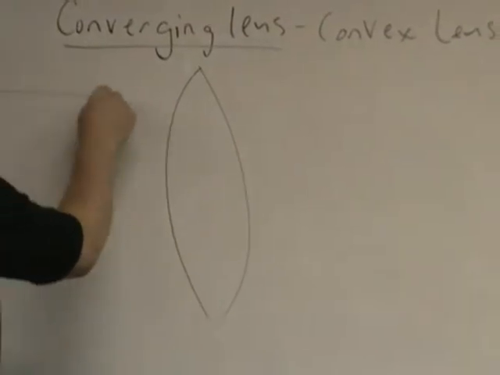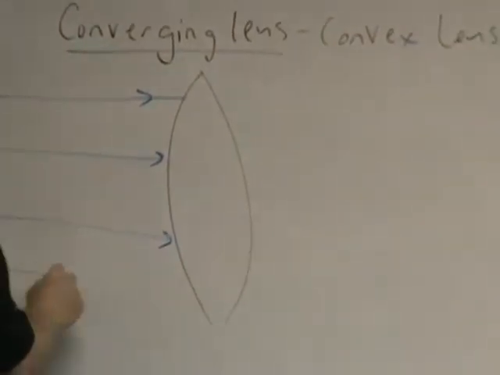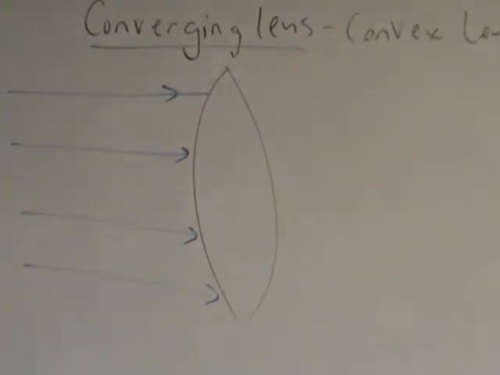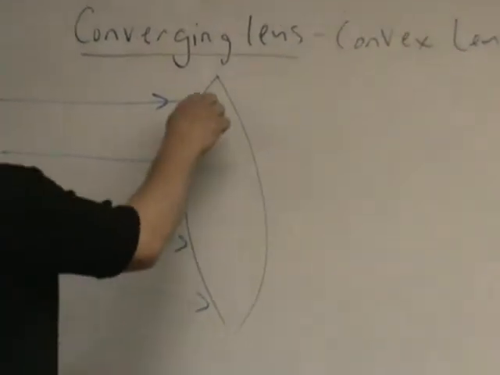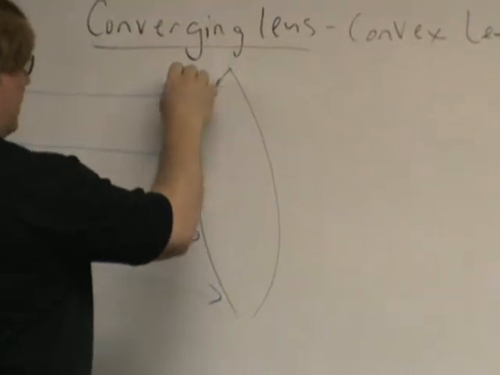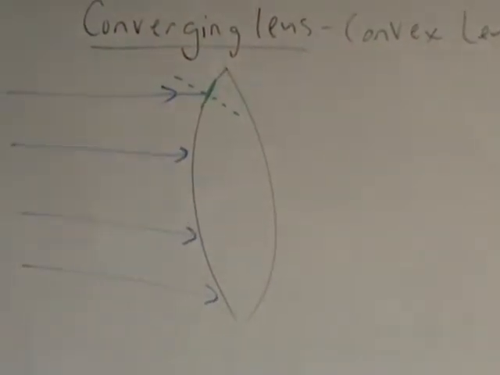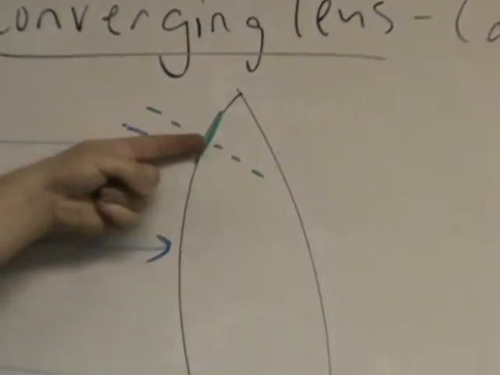You've got parallel rays hitting the lens. Here's the tangent line to the lens. So here's the normal to the lens. My ray, if I was going from air to air, would just go straight through.